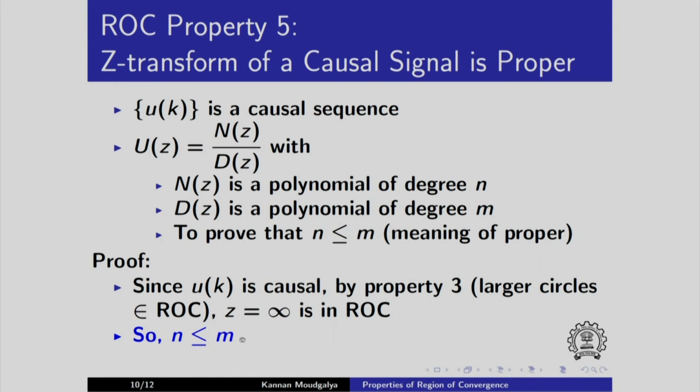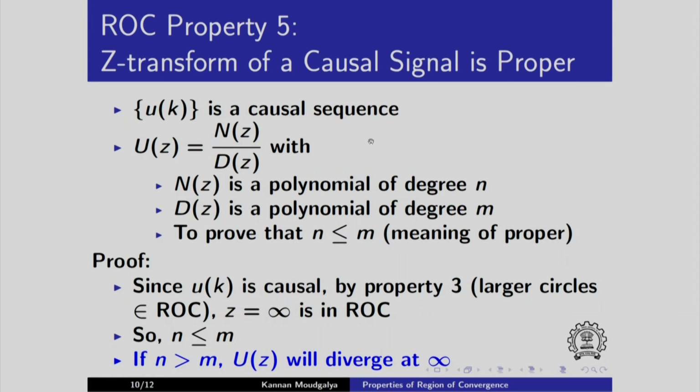So n is less than or equal to m. Otherwise, suppose this degree is greater than this degree and you substitute z equals infinity, this will be unbounded. This will diverge at infinity. So we say that the Z transform of a causal signal is proper, that is, the denominator has degree equal to or greater than the degree of the numerator.